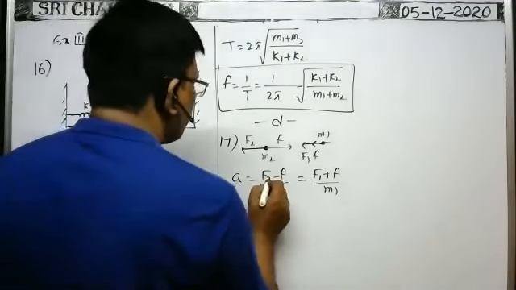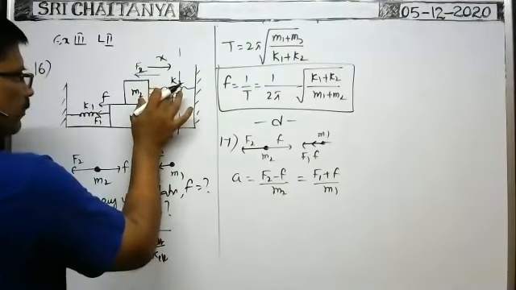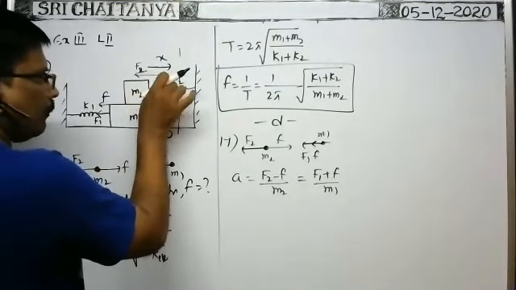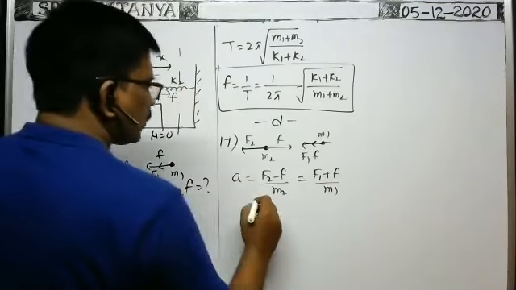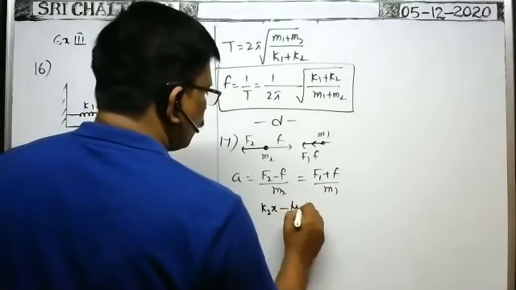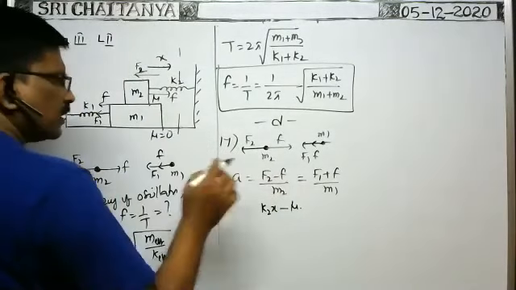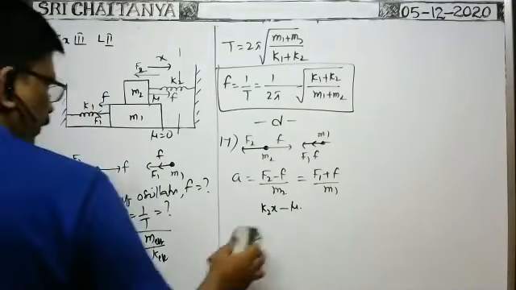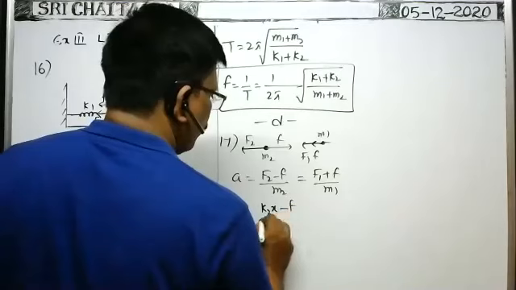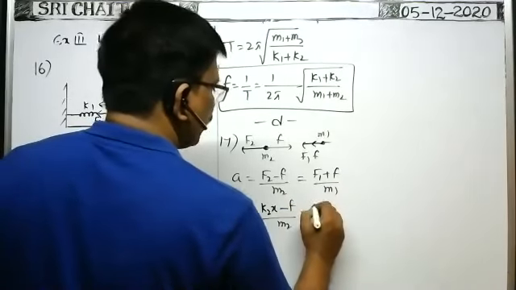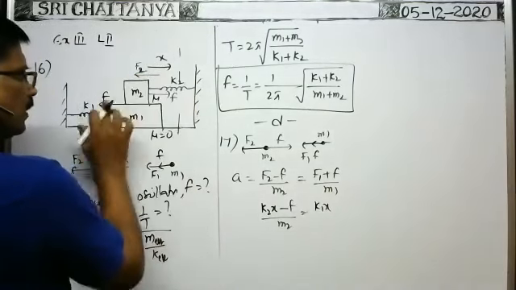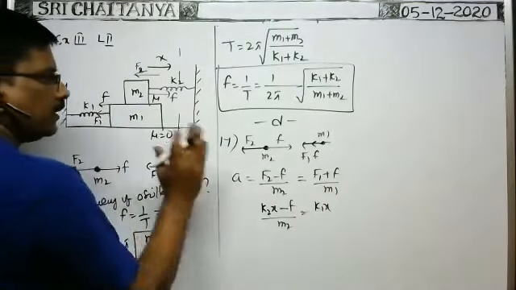Now we simplify them. K2 means spring force developed in this spring. As it is displaced to a distance x, the compression of the spring is x, then spring force developed is equal to K2 into x, no? K2x minus frictional force mu into normal reaction. Of course, later we substitute the value. First you write F only. Later we can substitute that value. First you write F only by M2 is equal to, here F1 means K1 into x. Because whenever it is displaced to a distance x, the spring also extended by the same length x.